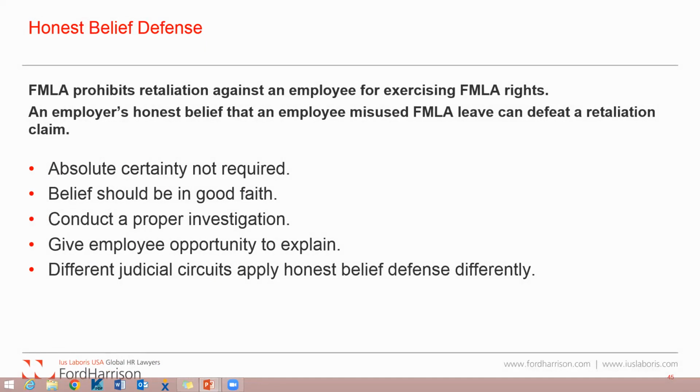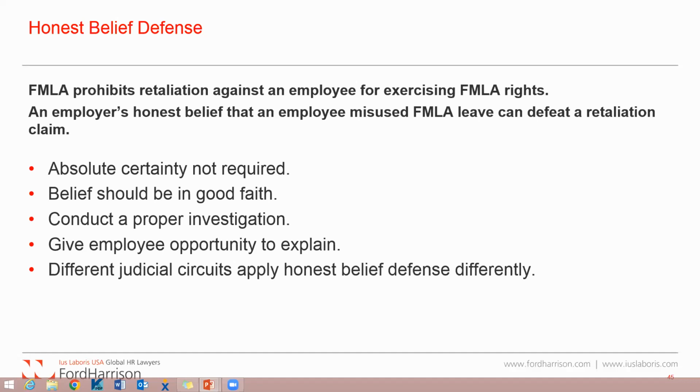Now, the FMLA prohibits retaliation against employees for exercising their rights. But as long as the employer has an honest belief that FMLA is being misused, you can defeat a retaliation claim. And you're not required to be absolutely certain, but you must be sure that you're investigating these occurrences in good faith.